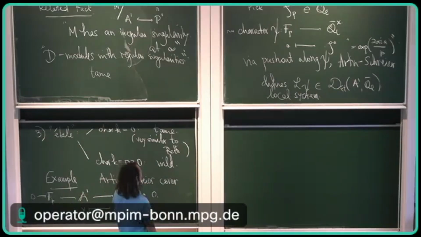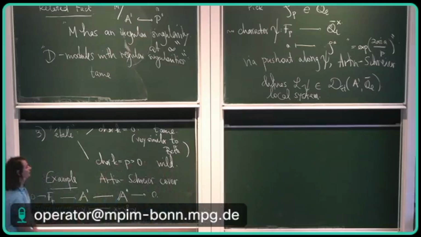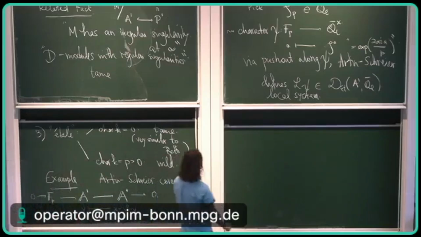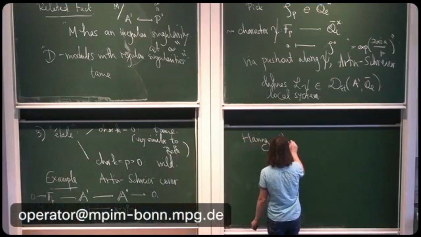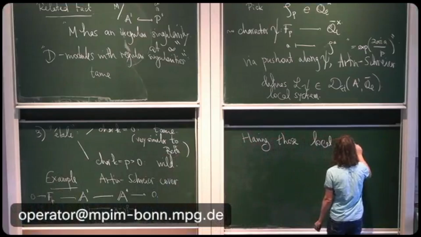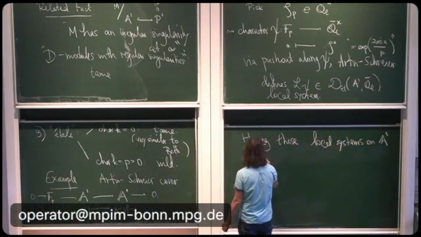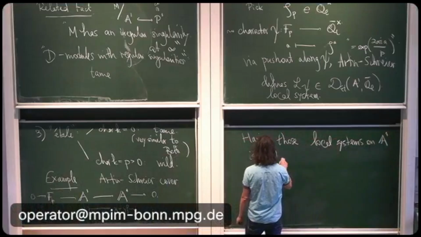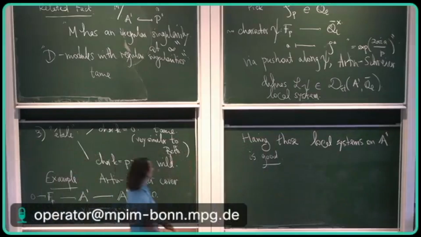But it turns out that having these interesting local systems on A1 is also a virtue because they allow certain extra operations to exist. Namely, you can define something called the Fourier transform.